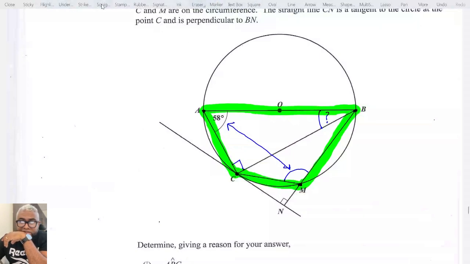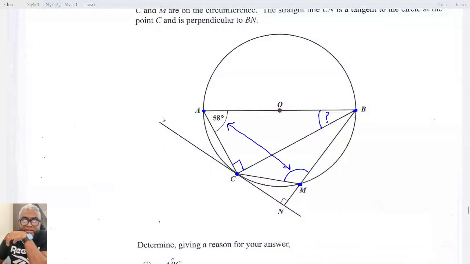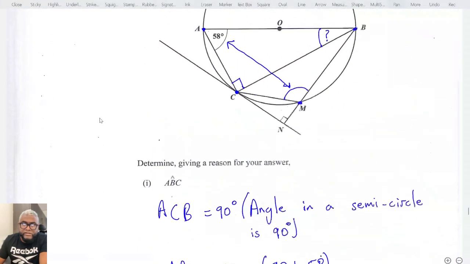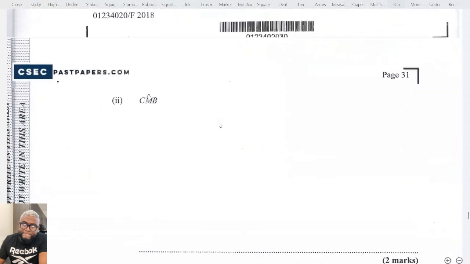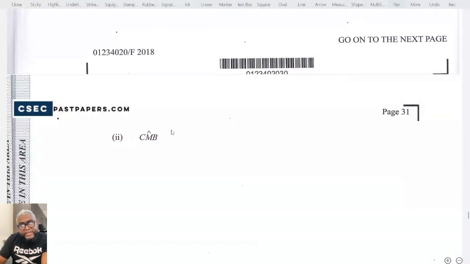Okay, guys. Right, so there we go. Scrolling down. So remember, this is 58, right? So CMB is equal to 180 minus 58, which will be 122 degrees.